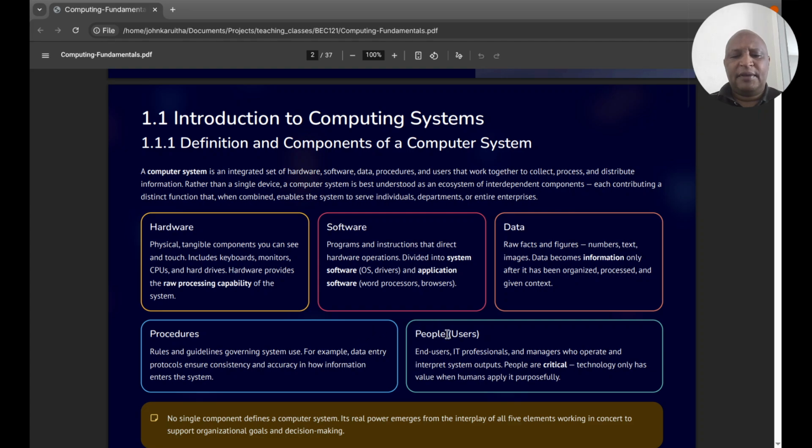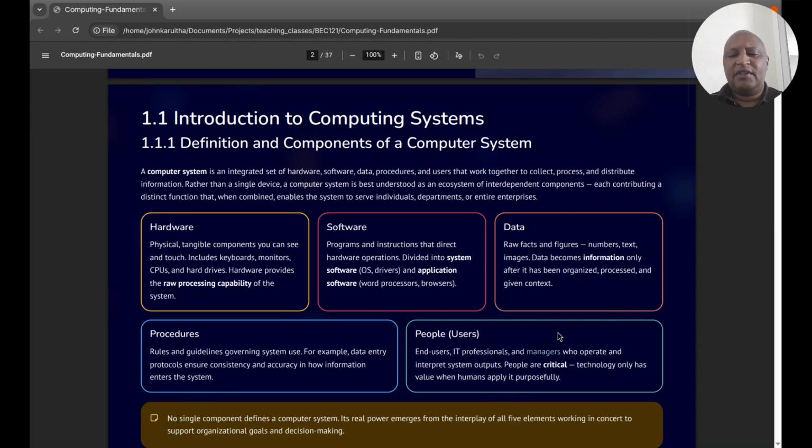And finally, we have the people who are using that. This includes end users, people like you and me, and the IT professionals. When you go to the computer lab, you'll find those lab technicians there. IT managers, like in the university, we have the ICT director. These are the people who operate and interpret system outputs.